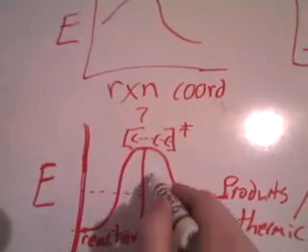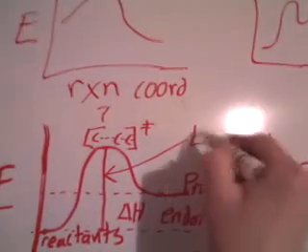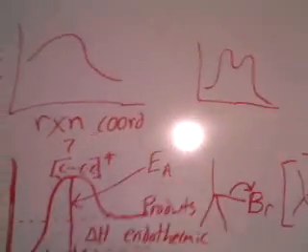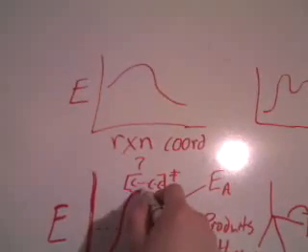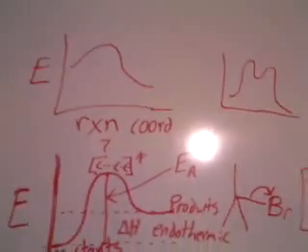I'll draw a line with an arrow pointing to it. That's typically called our EA, which is also known as our activation energy. A for activation, E for energy. This is the amount of energy that it takes to get to our transition state. Once we surpass that transition state, the reaction's going to complete and go all the way to the products.